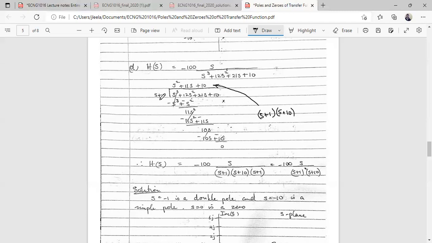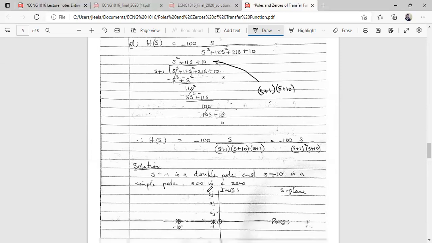But remember, you also have the s plus 1 factor from before. So you have s plus 1, s plus 10, s plus 1, which gives s plus 1 squared times s plus 10. Which means s equals minus 1 is a double pole, because the order here is 2, and s equals minus 10 is a simple pole.